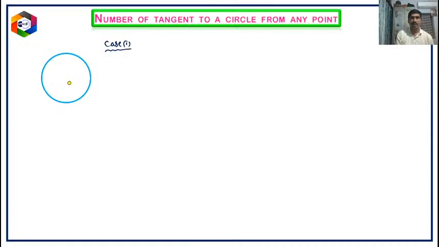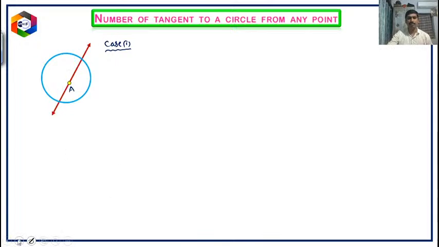So what is that? The number of tangents to a circle from any point. Now the point which I have taken is the interior point, that is, the point which is exactly inside the circle. Now let us observe how many tangents are possible to draw. For example, if you want to draw a line passing through A, let us draw the line first.